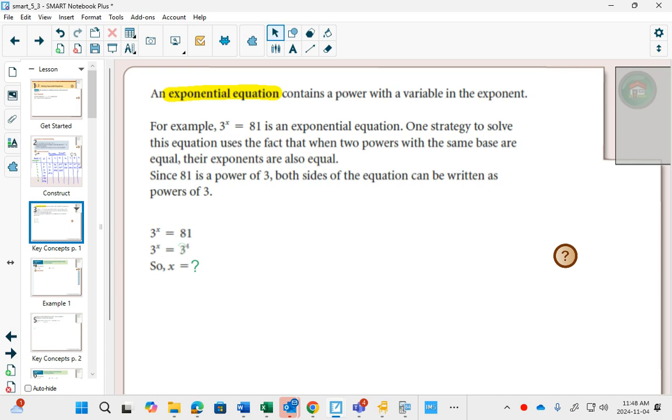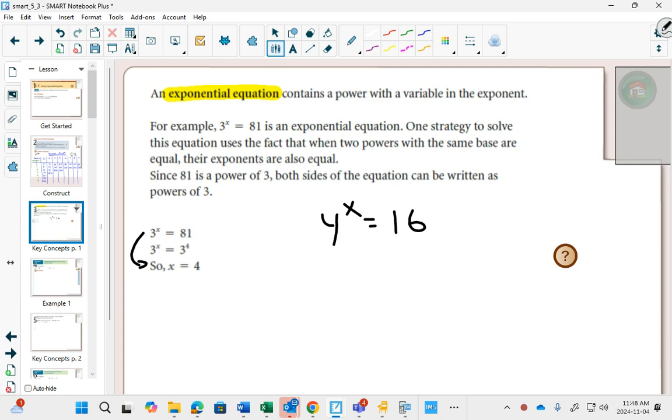If 3 to the x equals 81, from your powers chart, you see that it's equal to 4, okay? I'm pretty sure most of you would have just said, I see it from my powers chart, and just say the answer is 4. Exactly like the question I gave you, 4 to the x equals 16, you saw that it was 2.